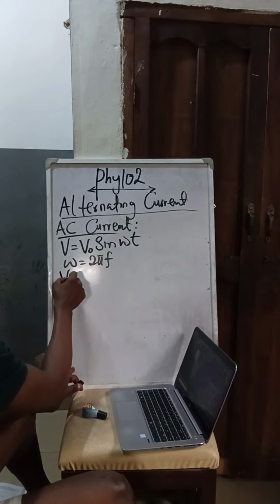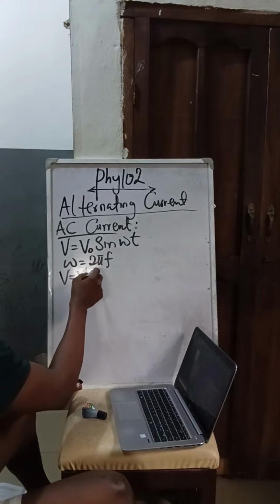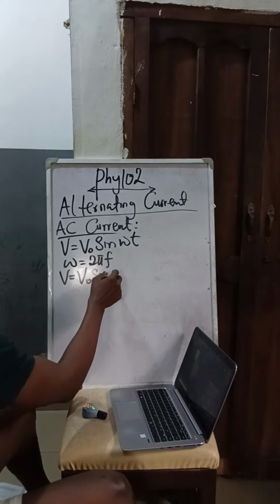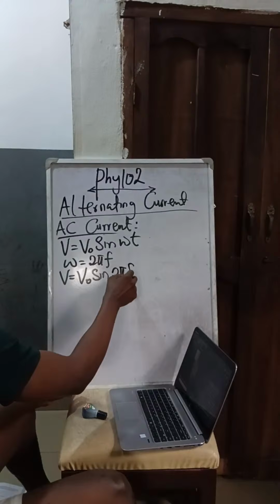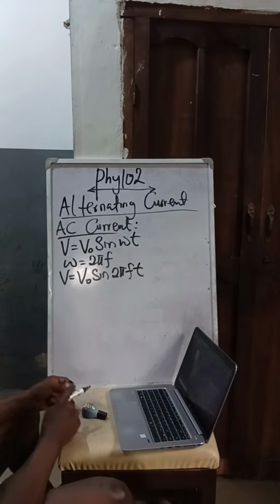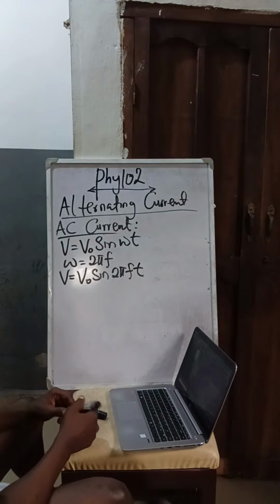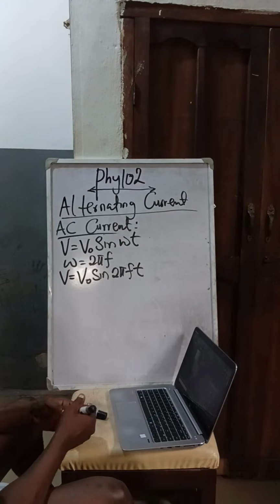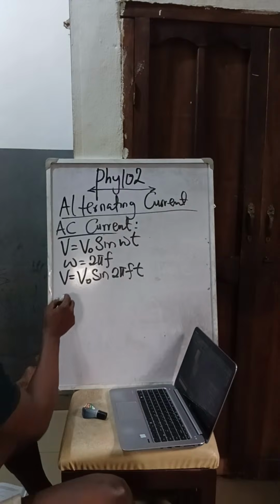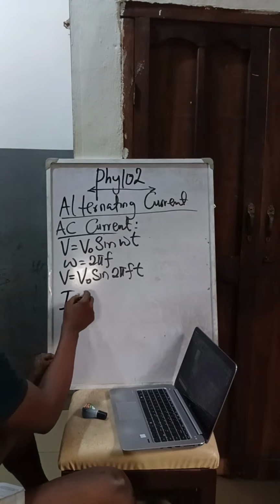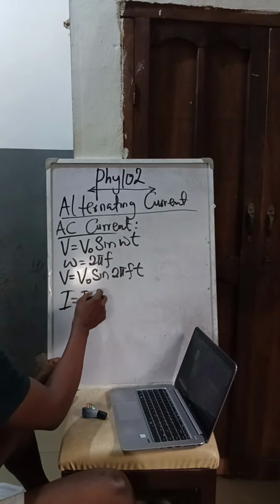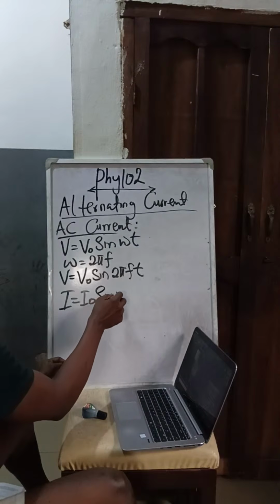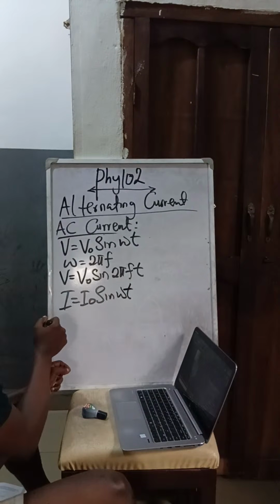So you have V is equal to, either I use V naught or Vm, no problem, sine 2 pi Ft. That is the voltage waveform. Similarly, current I is equal to I naught sine Wt.